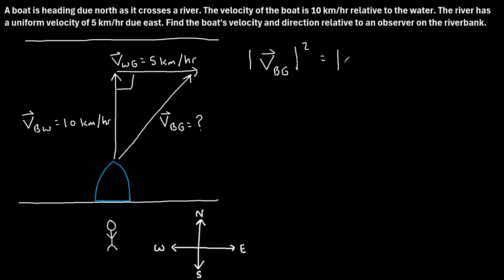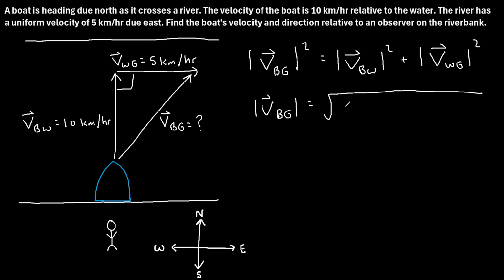So the magnitude of the velocity of the boat relative to the water squared plus the velocity of the water relative to the ground squared. Now if we want to figure out this value, we can just take the square root of each side. So that will get us the velocity of the boat relative to the ground is equal to the square root of the magnitude of the velocity of the boat relative to the water squared plus the magnitude of the velocity of the water relative to the ground, that's also squared.